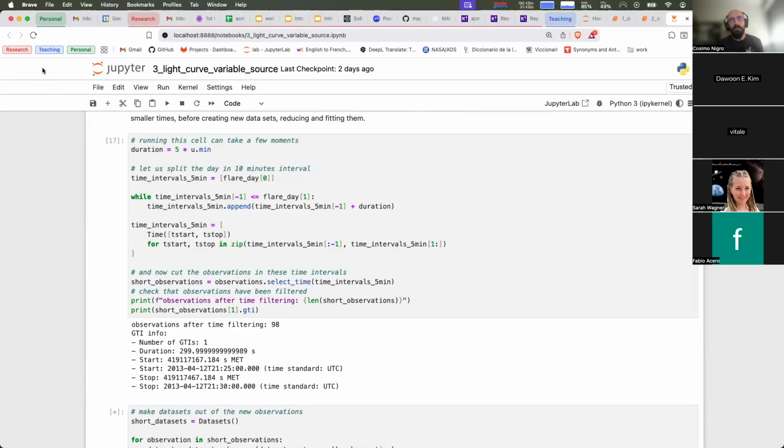But of course, if you have a source that is not bright, and you cut the bins too small, you will end up having basically upper limits in all the energy bins. So it's a balance between the physics that you want to do, but especially depending on the statistics that you have.